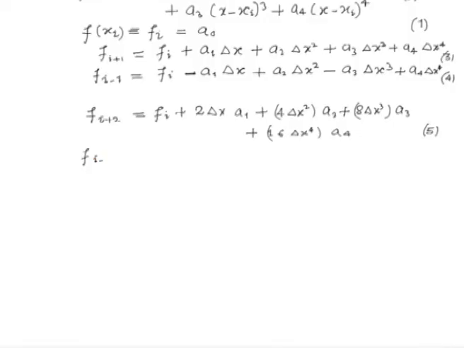f of i-2 will be fi. Now, x minus xi in this case becomes minus 2 delta x.